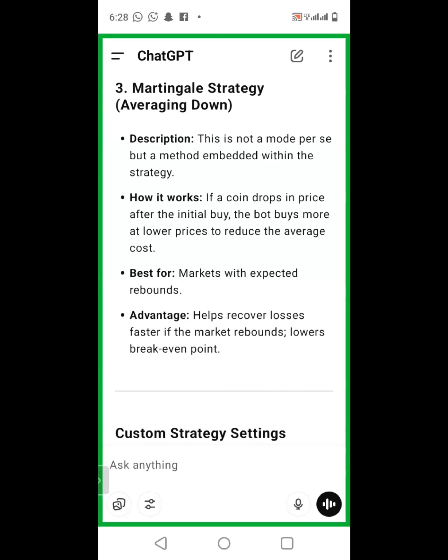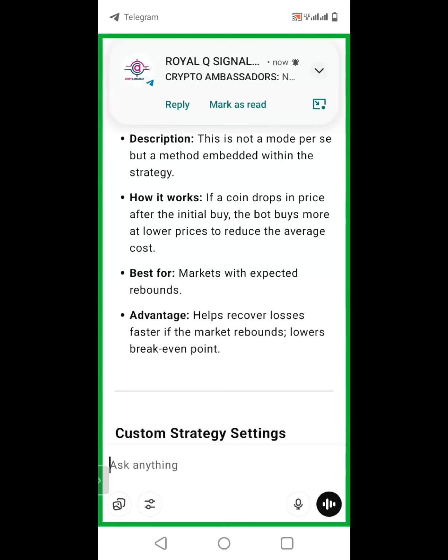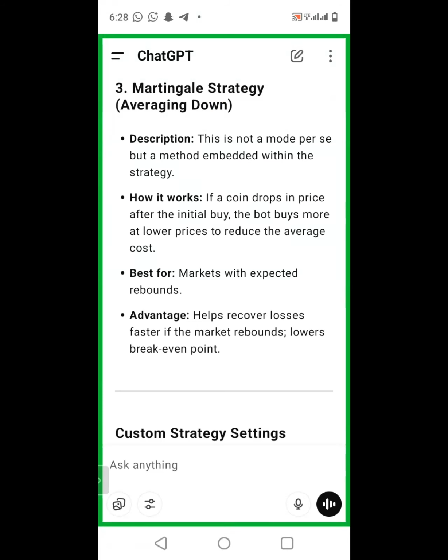The reason is that averaging down means that when markets start dropping, the robot starts buying that particular coin for you at a low price. It buys when the market drops, at the current price, as long as you have enough capital in your exchange wallet. So the bot buys more at lower prices to reduce the average cost.